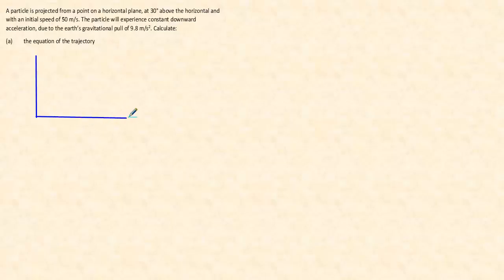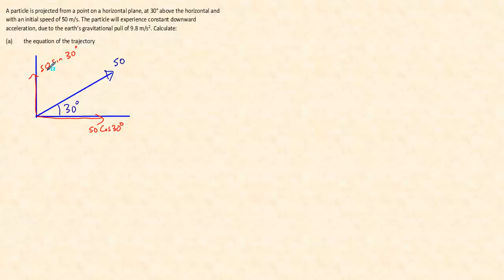So, if we have the particle being projected like so, we know this is 50 and this is 30 degrees. Resolving the velocity means that along here we get 50 cos 30, and up this way we get 50 sine 30.